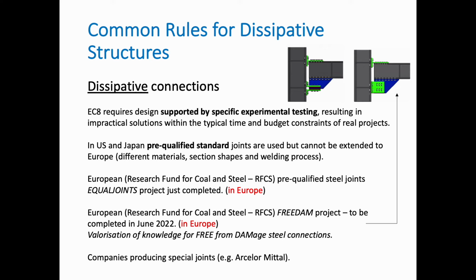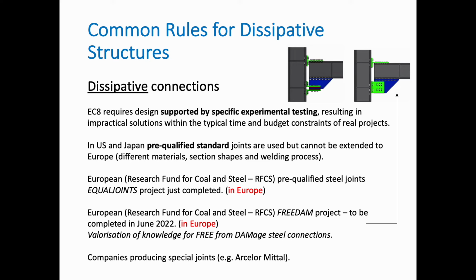The European pre-qualified steel joints Equal Joints project was completed a couple of years ago, and that is one of the biggest efforts in the UK to have a number of pre-qualified standard connections, some of them similar to the ones that we have in the US, and some new ones to be checked meticulously and very thoroughly so that they can then be used in Europe immediately without having time implications.